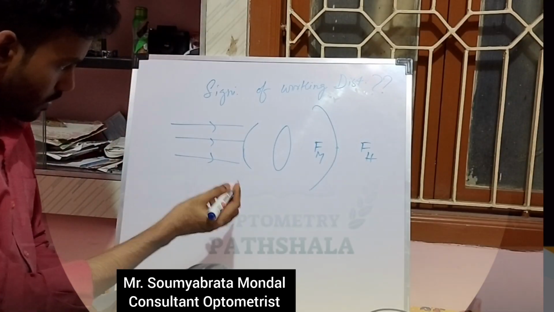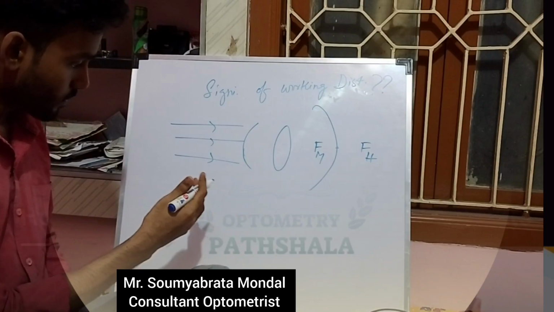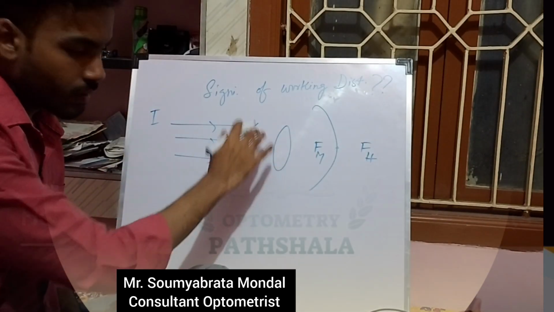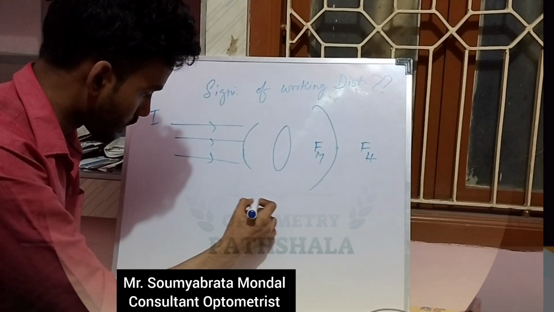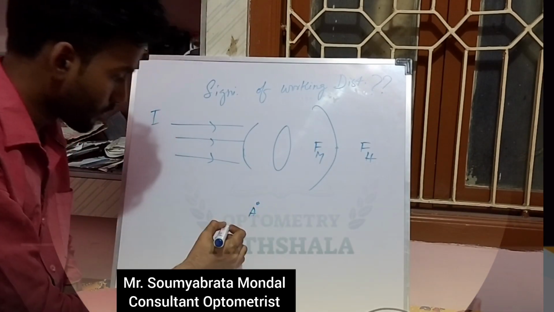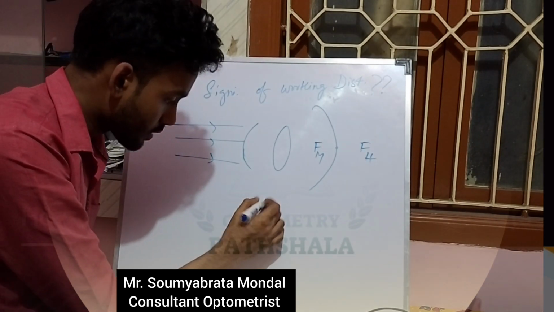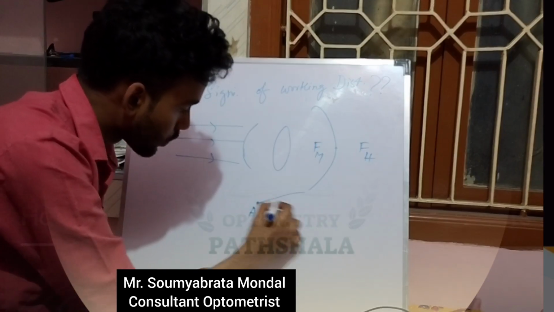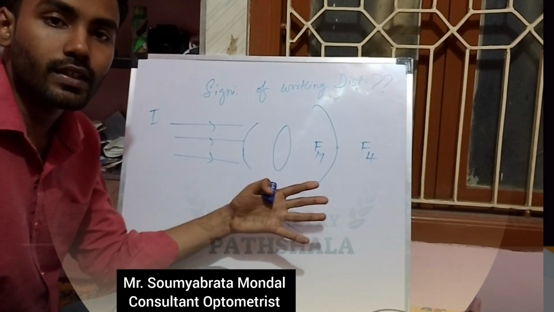When the light rays come from infinity, the light rays are parallel. But whenever the light rays come from any near object, suppose from here the point A is a source of light, and the light rays are emitting from this point A, the light rays will be diverging in nature.